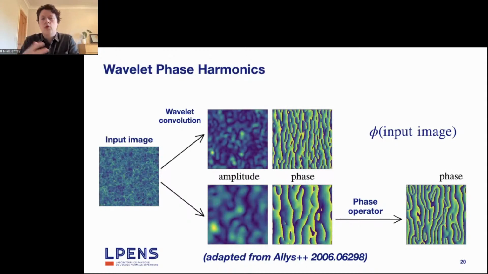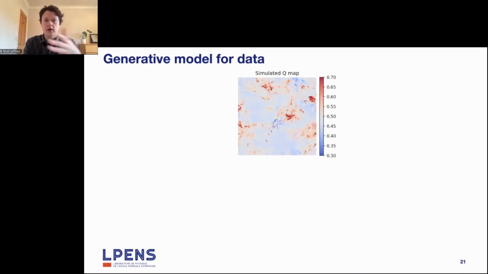So what we can do is take a new input image, measure these wavelet phase harmonic statistics, and then with those statistics, you can synthesize a whole new set of images. So if we want to generate new realizations of data, we have this simulated Q map here from the dust.